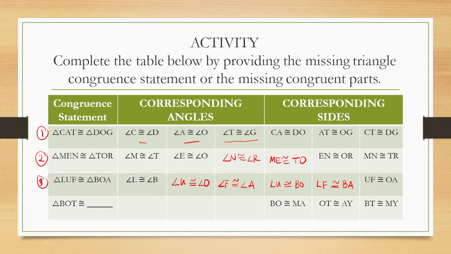BA. Okay, for the last congruent statement, please fill in the missing congruent triangle. Triangle BOT is congruent to what triangle? Misha. MAY. And who wants to give the corresponding angles? Please give all the corresponding angles.